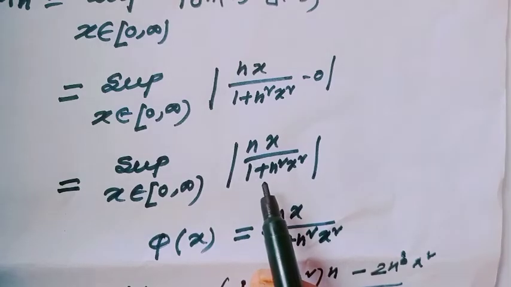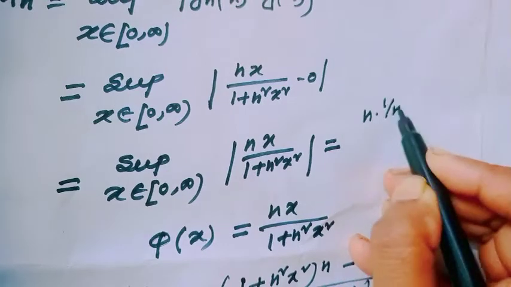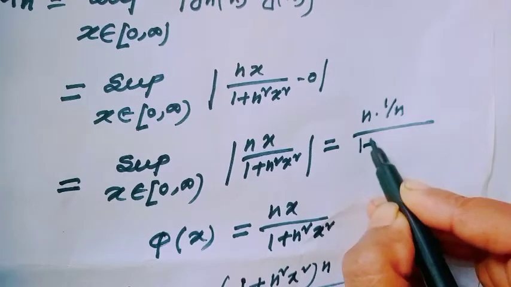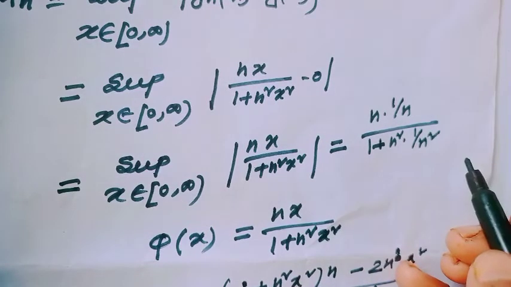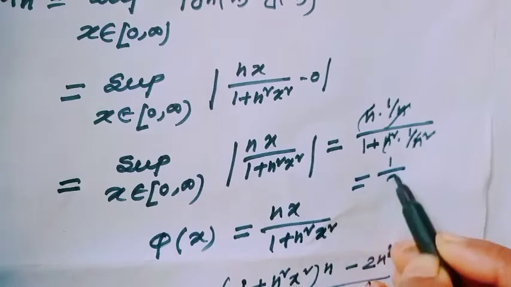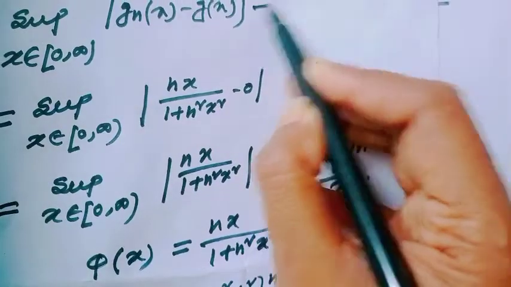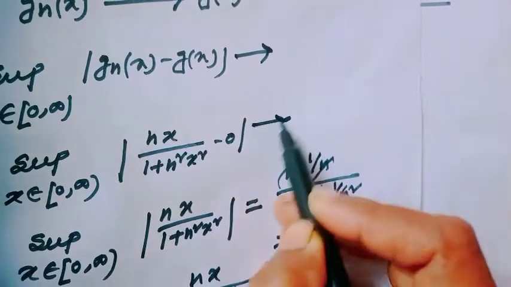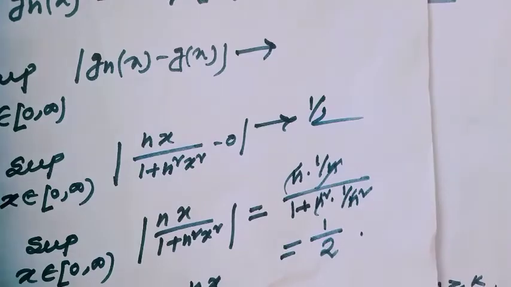Okay, now put the value. Now this supremum value would be n times 1 over n over 1 plus n square times 1 over n square. Then this value would actually be 1 over 2. Are you getting? Since Mn does not converge to 0, that means the function is not uniformly convergent.